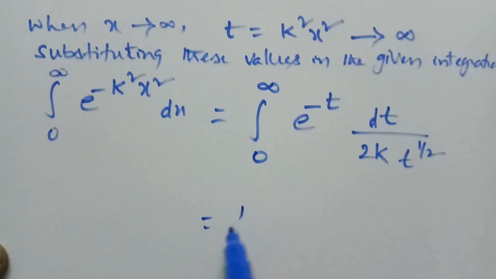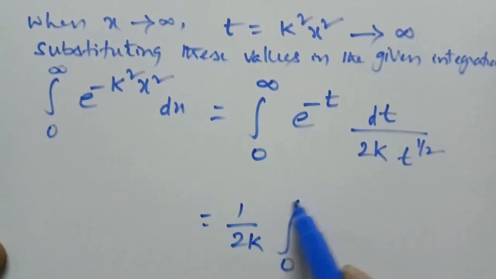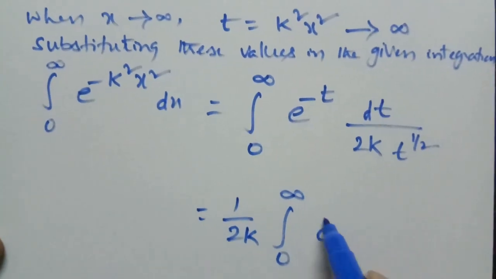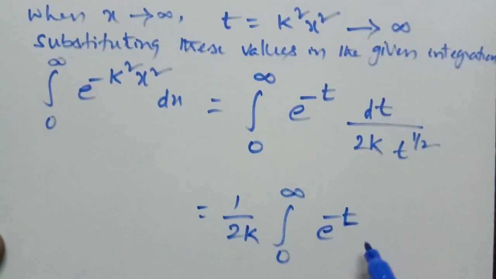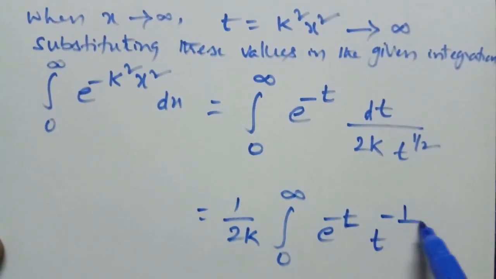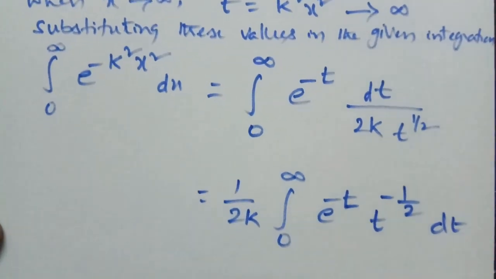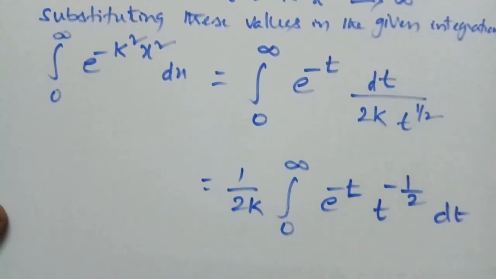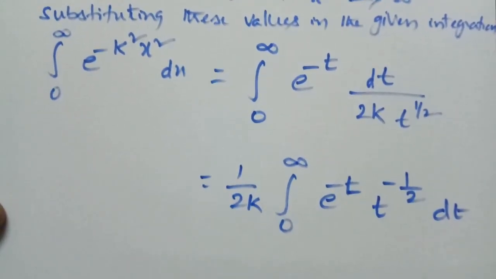Therefore, this can be written as 1 by 2 is a constant, k is a constant, integral 0 to infinity e power minus t into t to the power of minus 1 by 2. We are writing t to the power of 1 by 2 in the numerator. It becomes minus 1 by 2 by using the formula 1 by x power n is equal to x to the power of minus n.